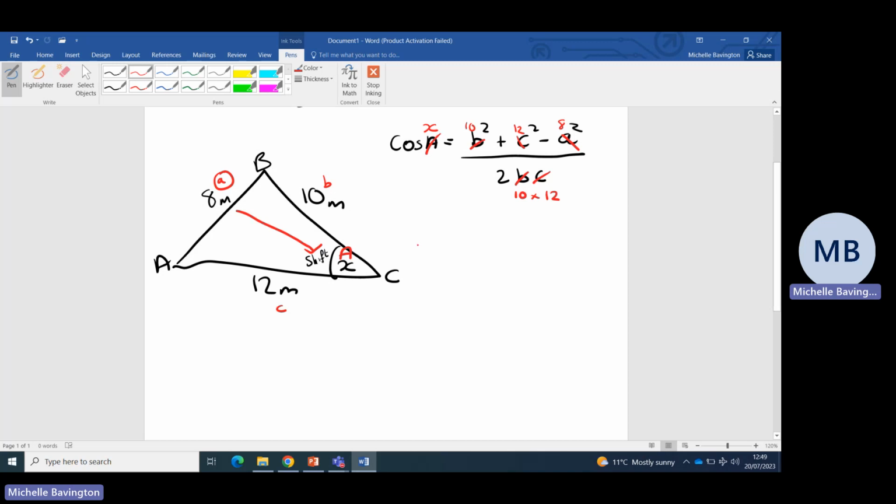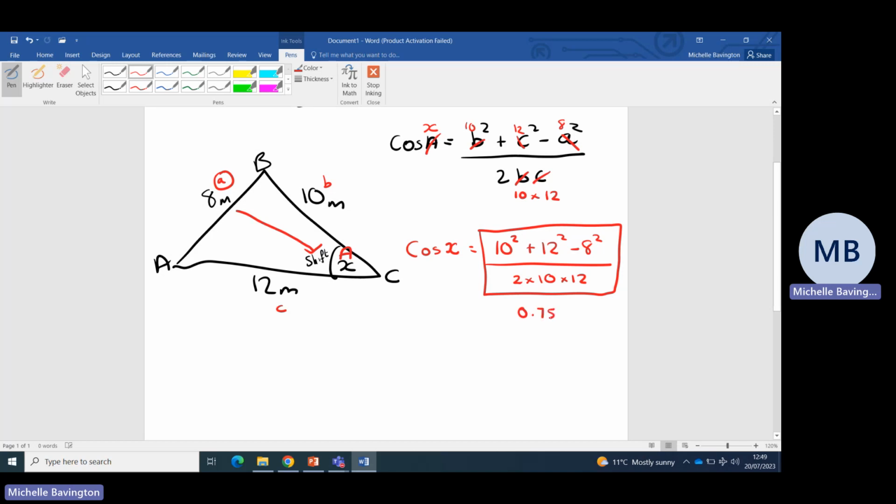So I'm going to put all of that into my calculator. 10 squared plus 12 squared minus 8 squared divided by 2 times 10 times 12. When I put all that into my calculator, I get 0.75.